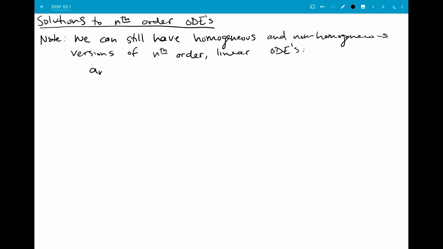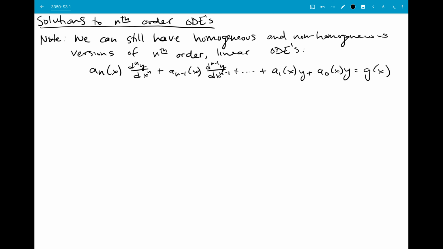And so the equation I gave you for an nth order linear ODE was like this, all equal to g of x.